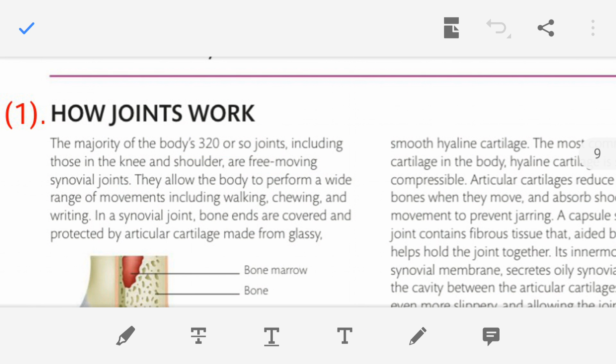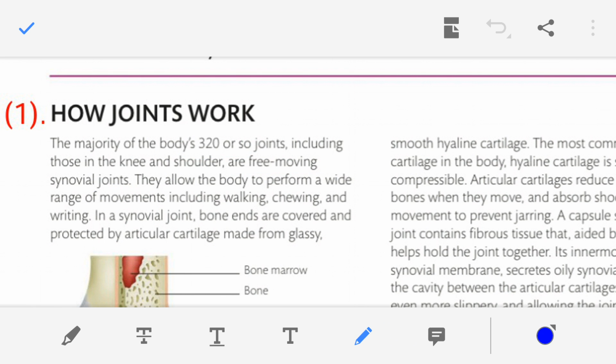So most of our body's joints are free moving synovial joints, and these joints allow us to do a wide range of movement. We can walk, we can run, we can jump with the help of synovial joints.